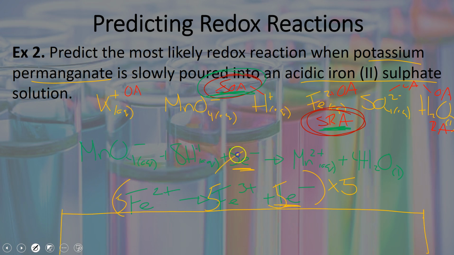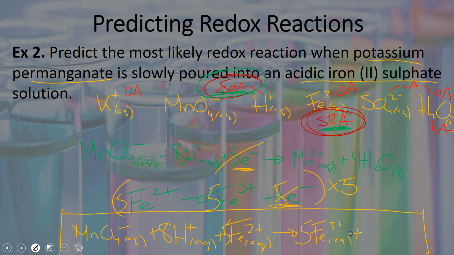And so then I can summarize my reaction. So essentially what's happening is that permanganate ions, aqueous, are reacting with 8 hydrogen ions, aqueous, and 5 Fe2+ ions, aqueous, to produce Mn2+ aqueous and 5 Fe3 positive aqueous, and water, 4 H2O liquids.